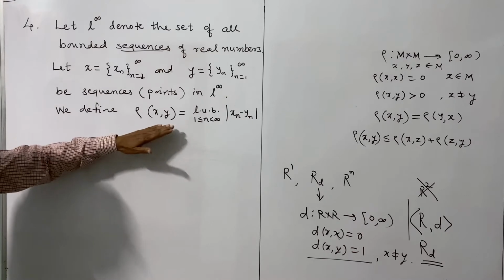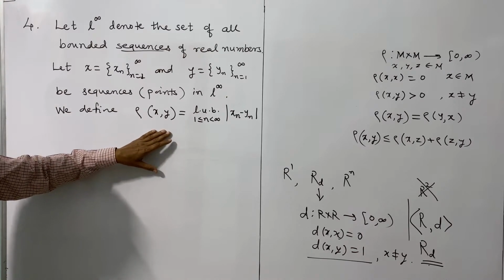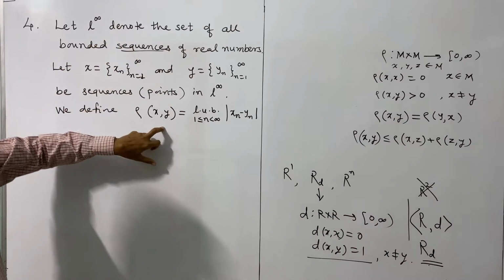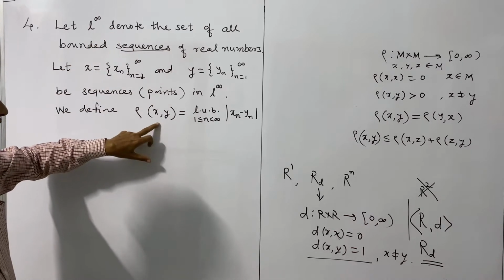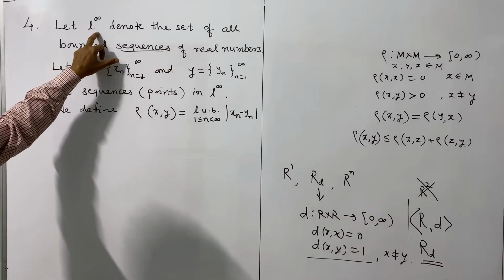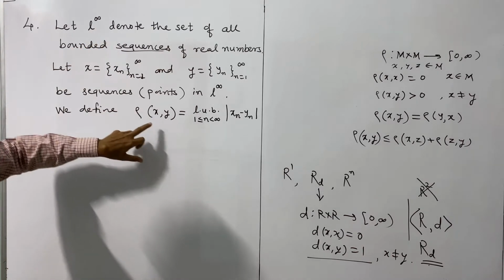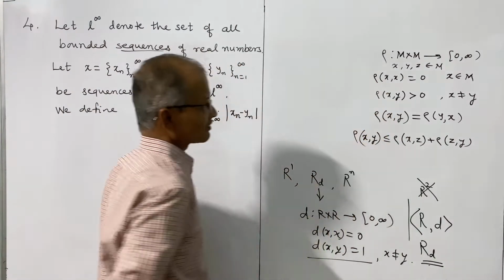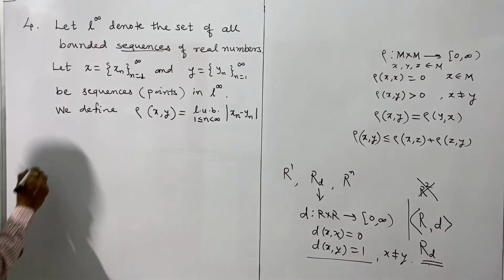So this is the definition of the metric, and that is important. Two things are important: the set and then the metric defined. Now we have to verify this is a metric for the set L infinity. That means this metric must satisfy these four properties, so that we can check.